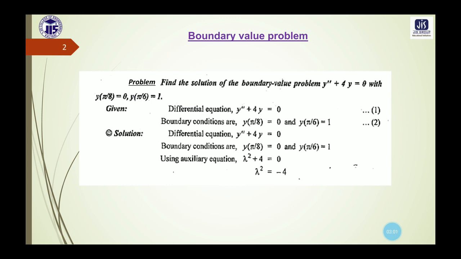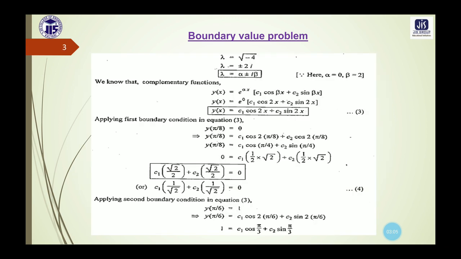So lambda square equals minus 4, that means lambda equals root under minus 4, or plus minus 2i. So lambda equals alpha plus minus i beta, where alpha equals 0 and beta equals 2.